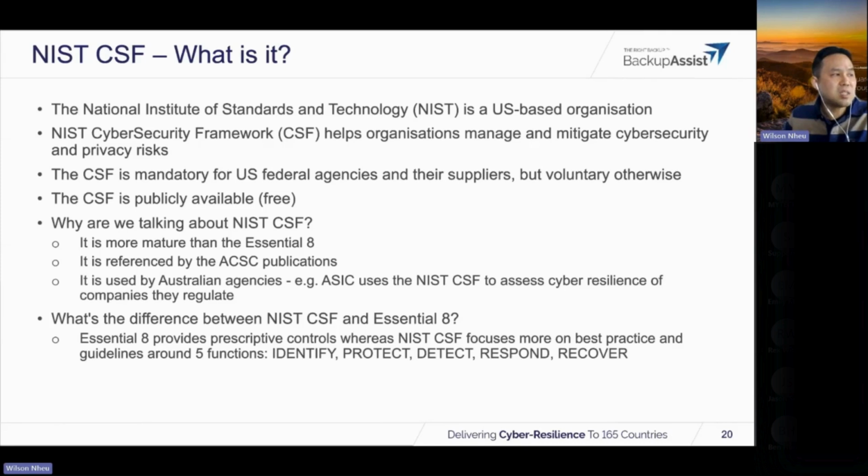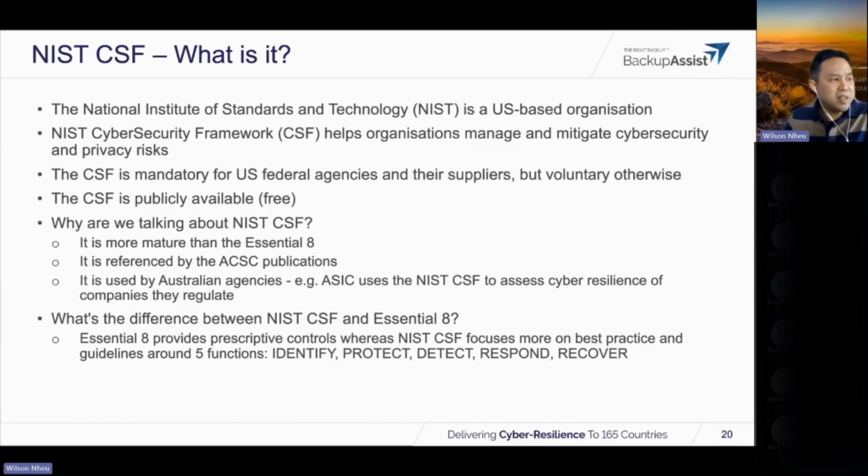It was designed really for the US federal agencies, and it's actually mandatory for them and their suppliers to use it. Therefore, it becomes available for business to use, and of course, it's voluntary otherwise. So it's really mandatory only for the agencies and their suppliers.